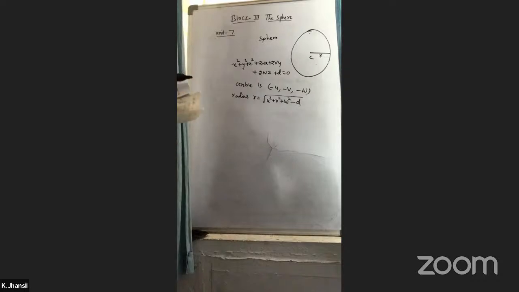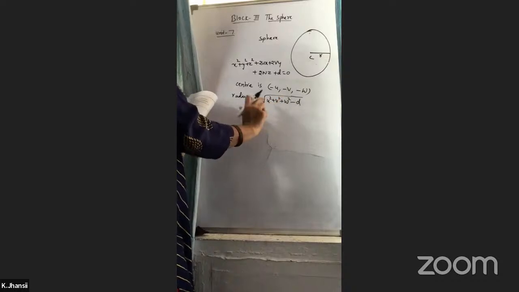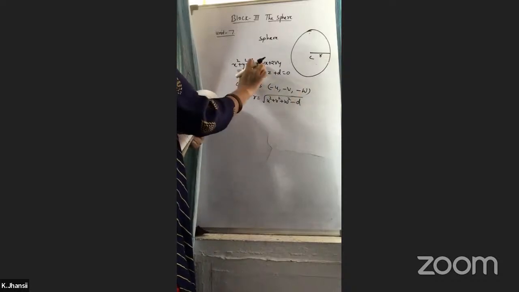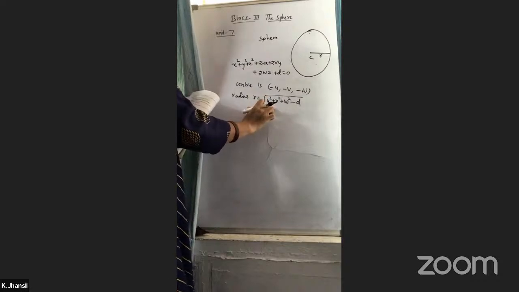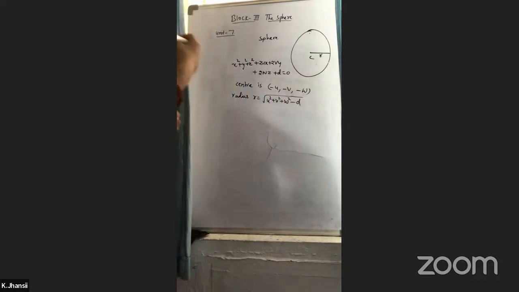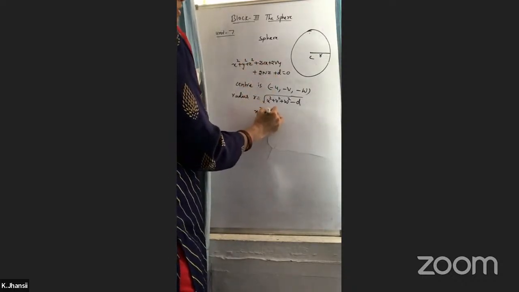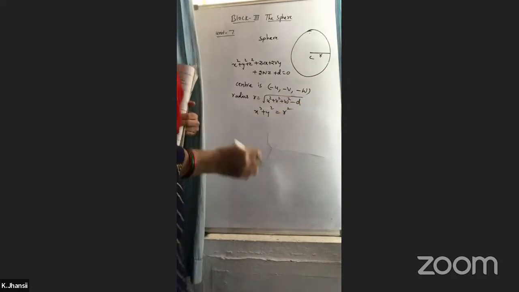In the equation it is plus d, but in the radius formula it is minus d, and the u, v, w values from the equation are squared. We already know the circle formula, x square plus y square equals r square.